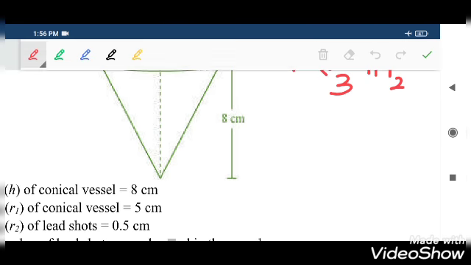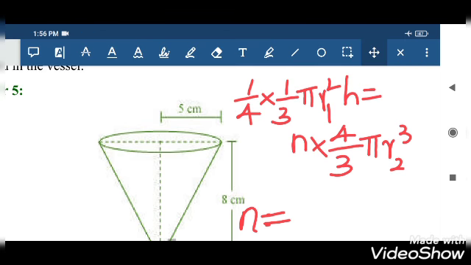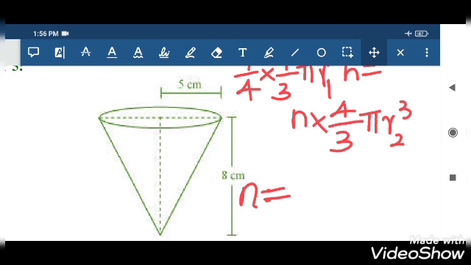So take n. n is equal to the remaining part, you move to the left hand side. What are the things already on the right hand side? 1 into pi into r1 square into h.